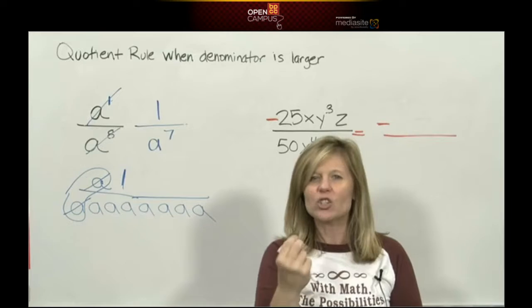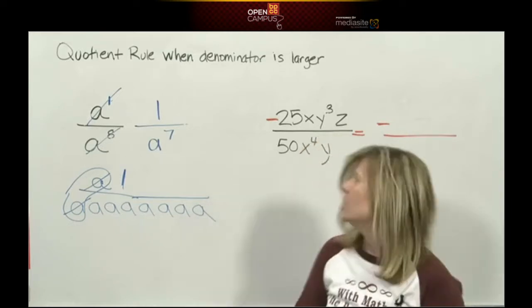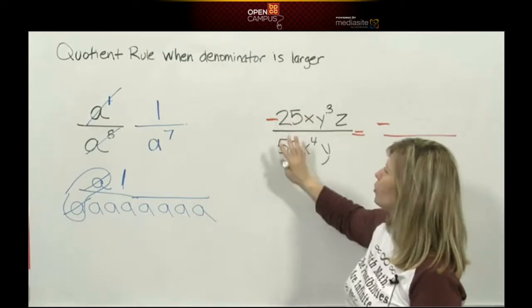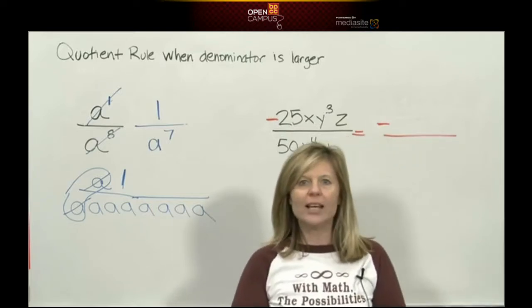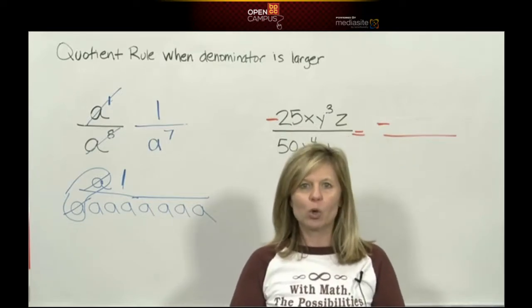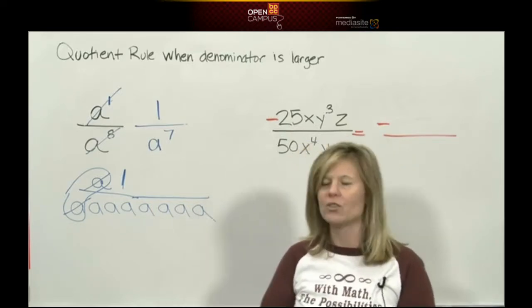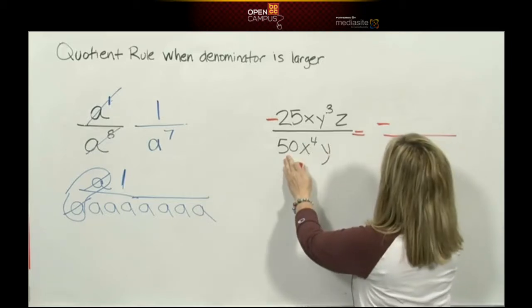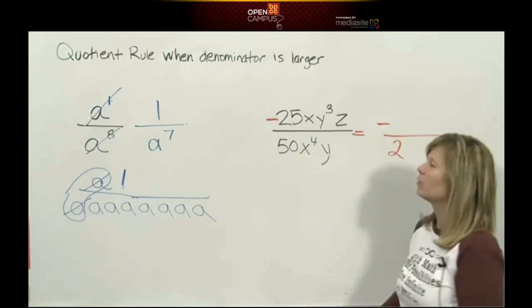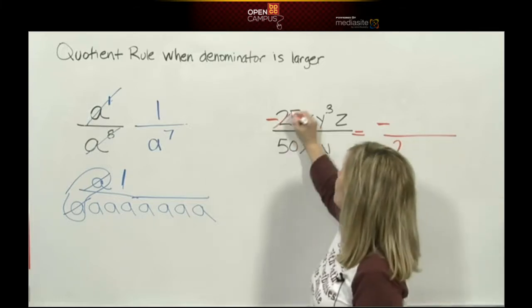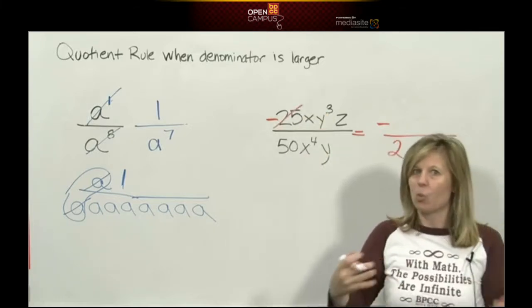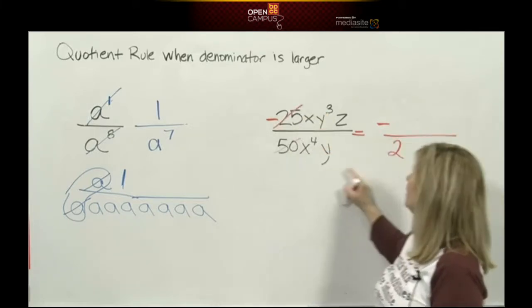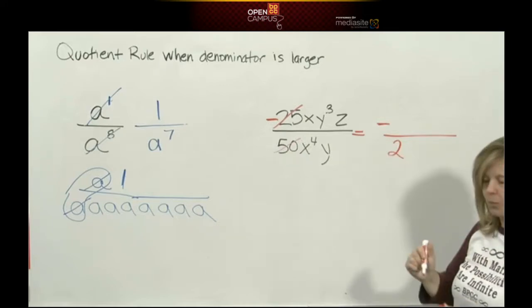Twice. The question is, where do you put the 2? Does it go in the numerator or the denominator? The rule is when you divide, you put the quotient where the bigger term was. So 50 is bigger, so the 2 would go in the denominator. Think about it. 25 divided by 25 is 1. 50 divided by 25 is 2.